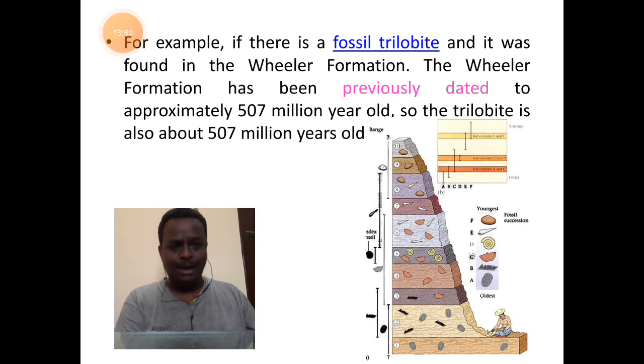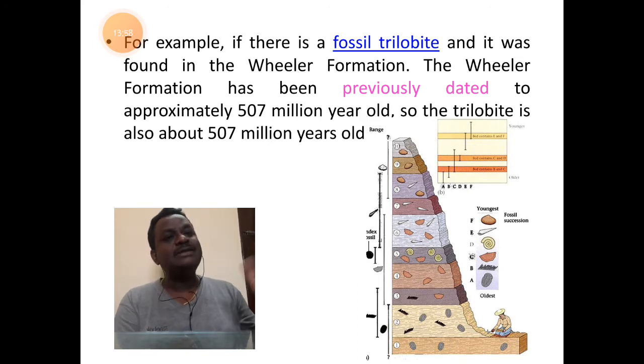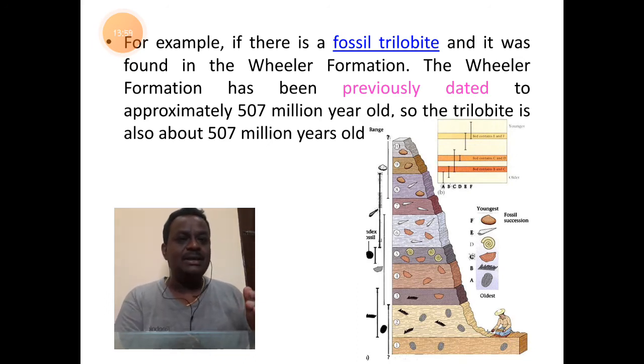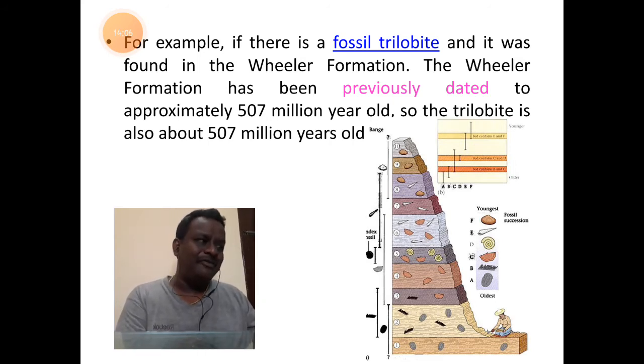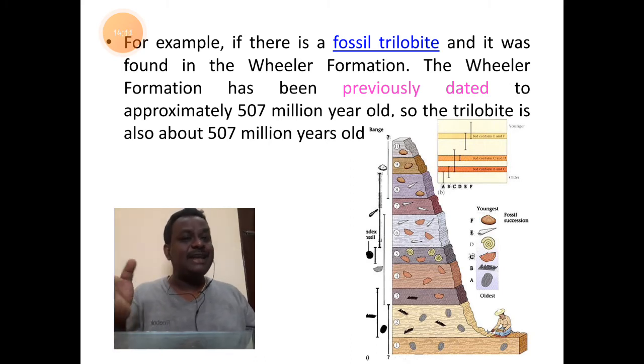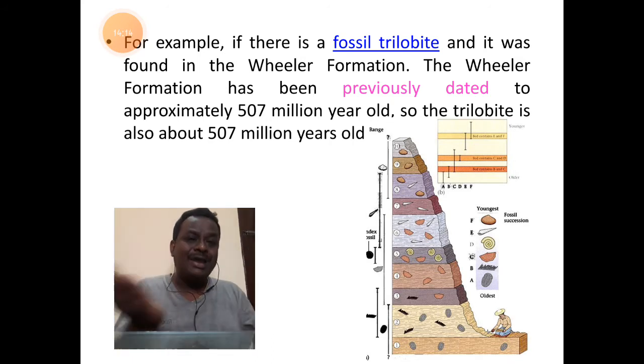Now the condition is a similar kind of rock showing a similar kind of fossil but in a very different place. After excavating, they need not again determine the age of it, but they can compare the rock layer in which this trilobite is and the type of trilobite also.